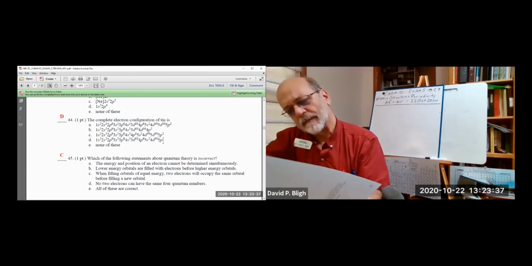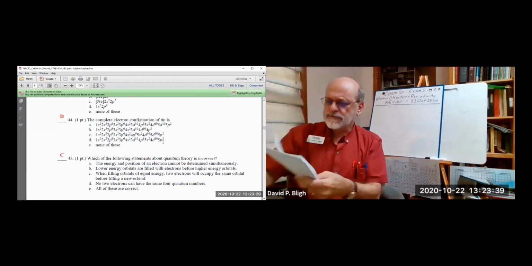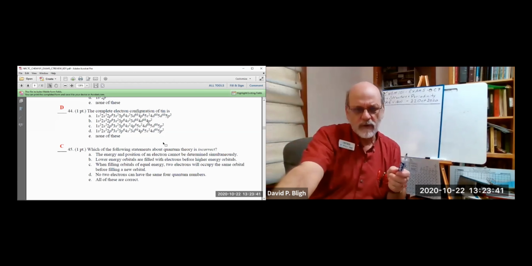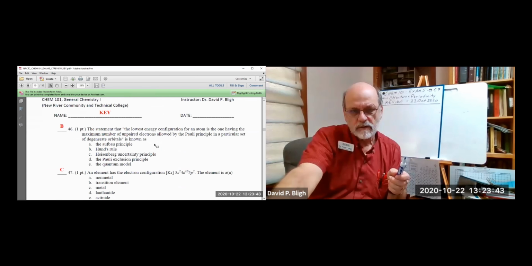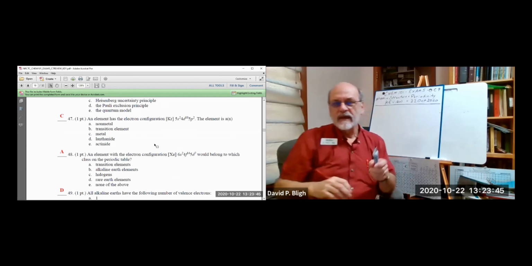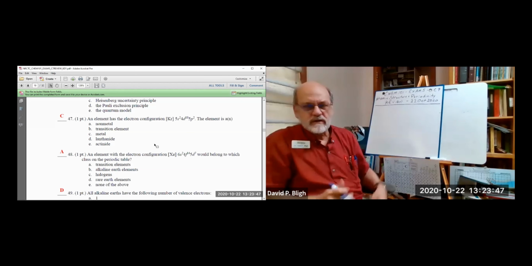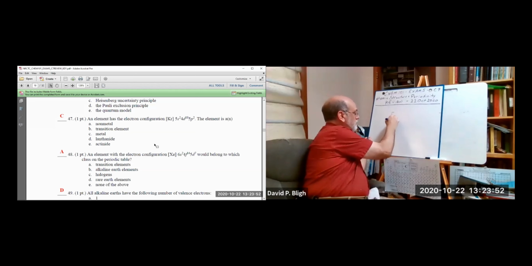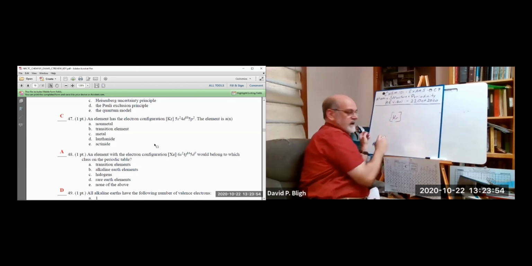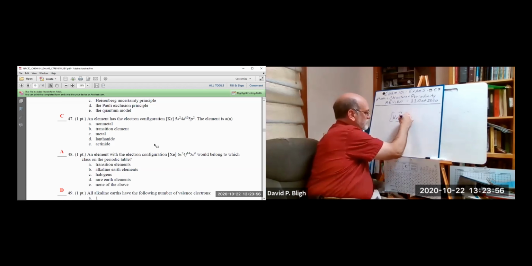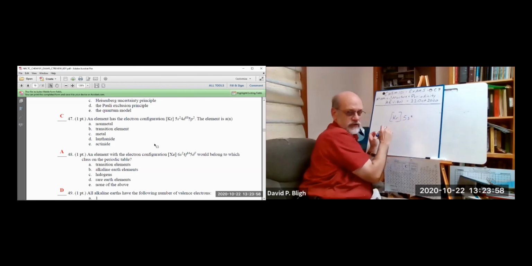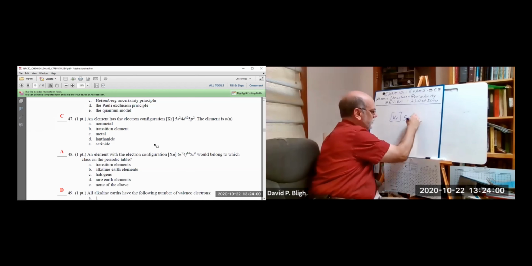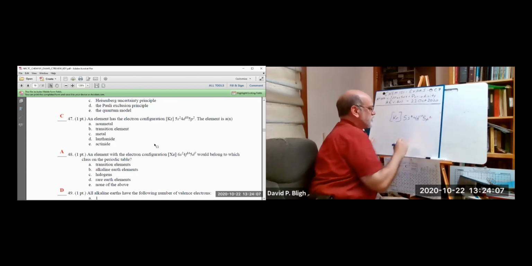Let's see. Let's do 47. I want to make a point with this one. Okay, an element has an electron configuration of, and this is the abbreviated version, krypton at the core with 5s2, 4d10, and 5p2.